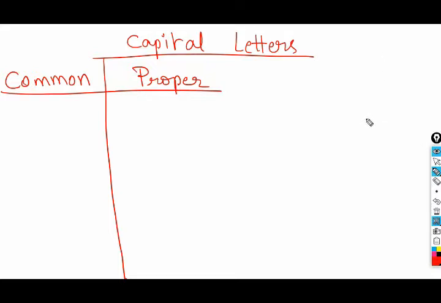The question is, when do you write capital letters? We write capital letters whenever we are starting a new sentence. Or whenever we are starting a new paragraph.